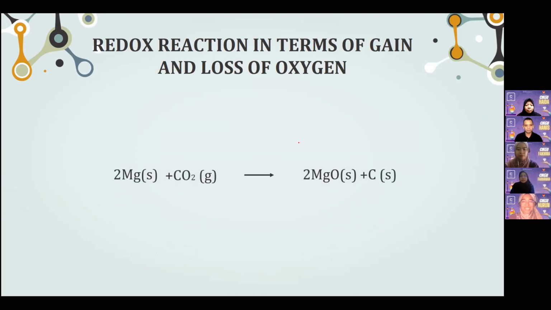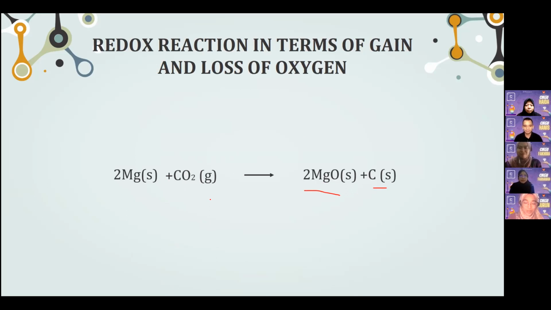So this is an equation, a reaction between magnesium solid and carbon dioxide gas. This reaction will form magnesium oxide and carbon solid. Just like I said just now, oxidation is gain of oxygen. So can anyone tell me which one of the 2 reactants undergoes oxidation? Can Fakira answer?